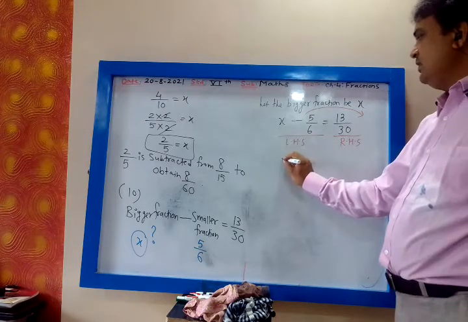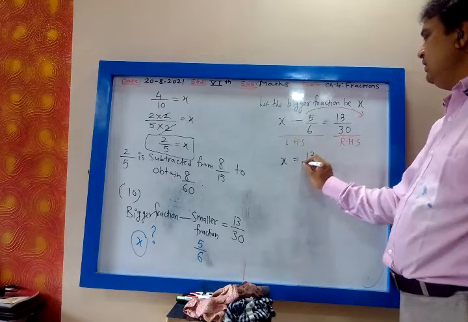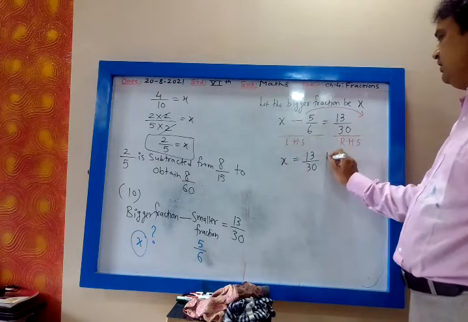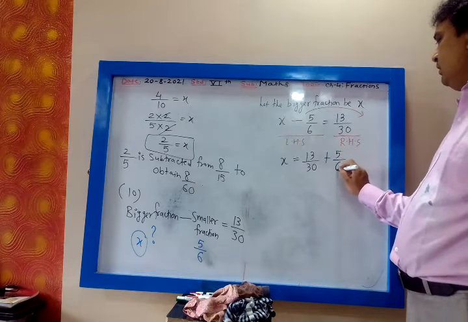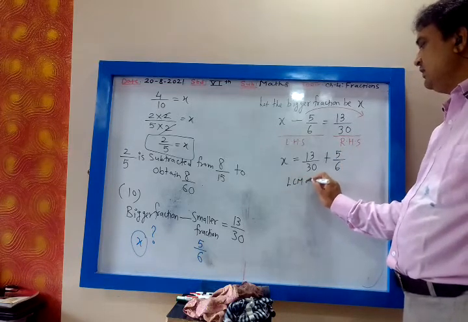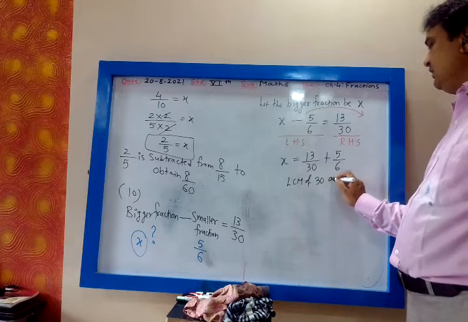So x is equal to 13 by 30 plus 5 by 6. Now make the denominators equal, so take the LCM of 30 and 6. LCM of 30 and 6 is 30.